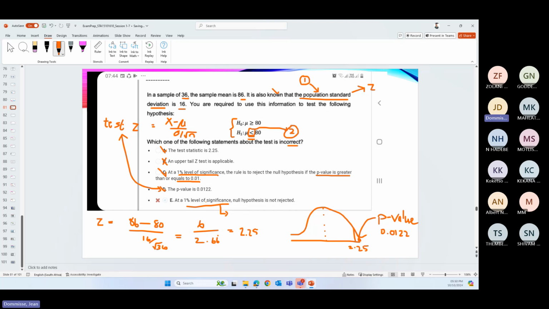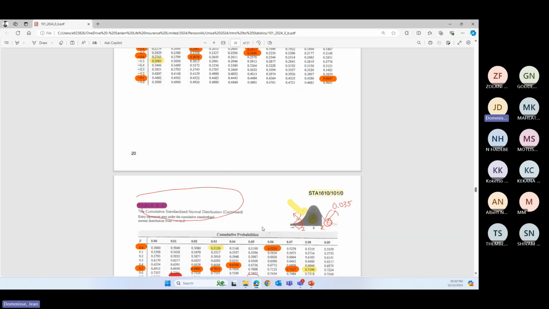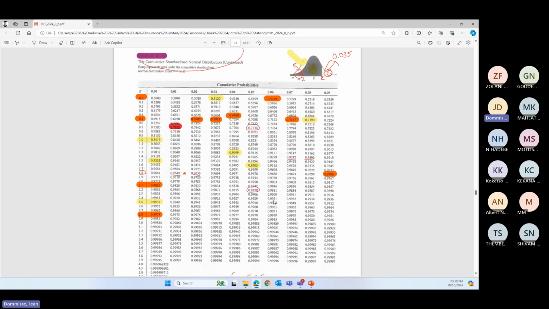So let's quickly look at what that value is. That should be 0.99, which is going to be bigger. Let's make 100% sure that we're doing this correctly.